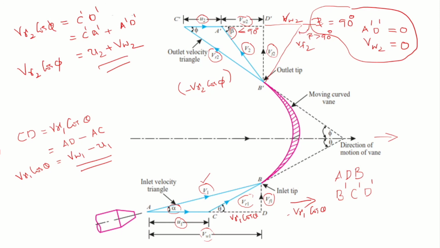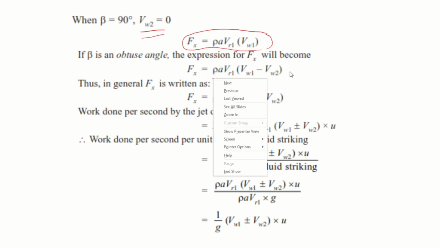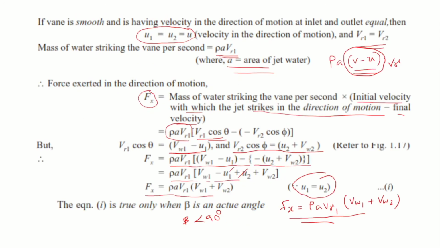So F of x will be rho A VR1 into VW1 minus VW2. The negative sign is eliminated at that time, and VW1 minus VW2 comes if it is an obtuse angle.